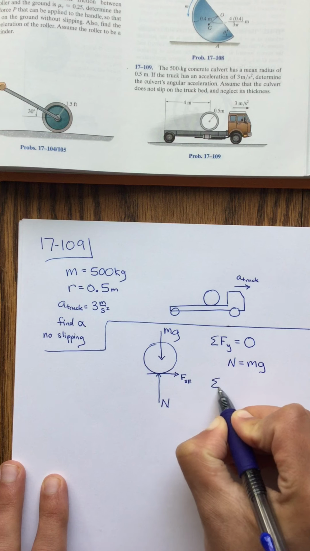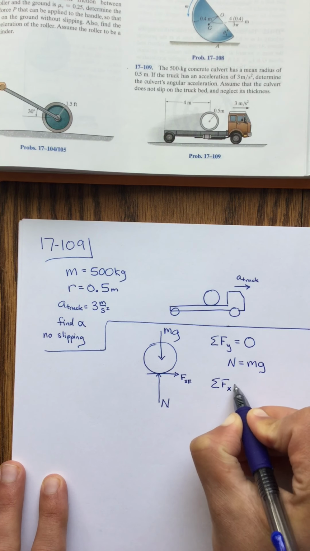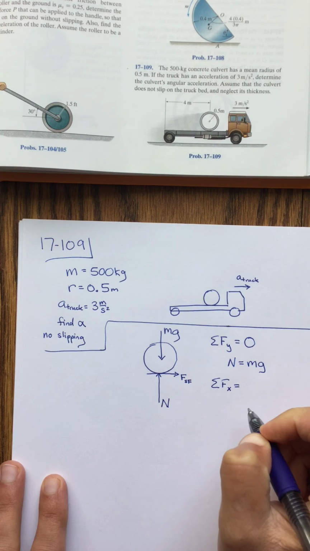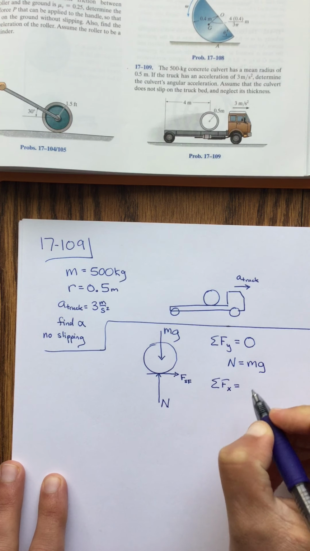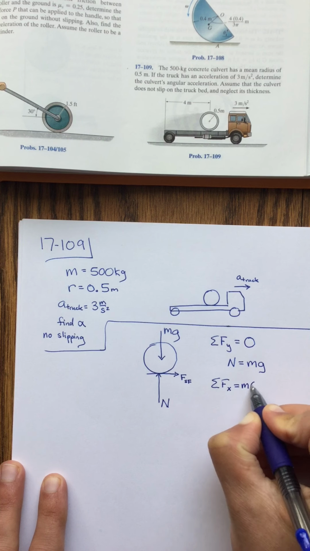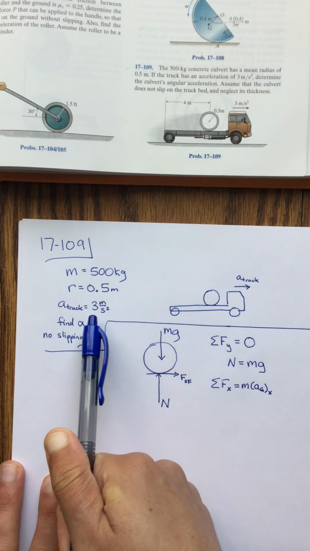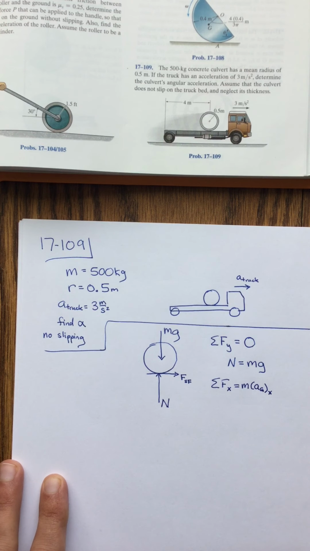I have the sum of the forces in the x direction is equal to the mass times the acceleration of the mass center in the x direction, but be careful here because this is the acceleration of the culvert, so that's not the same as the acceleration of the truck.